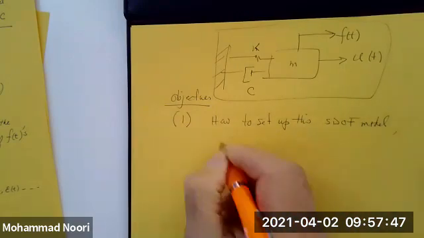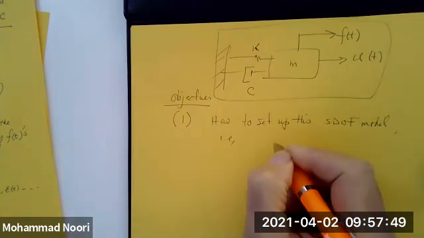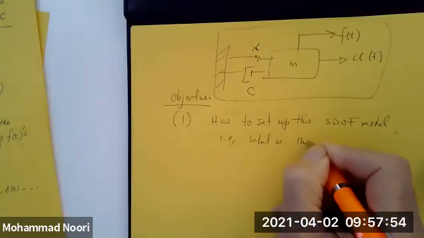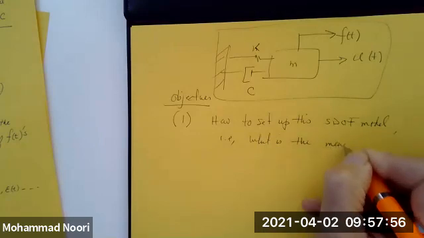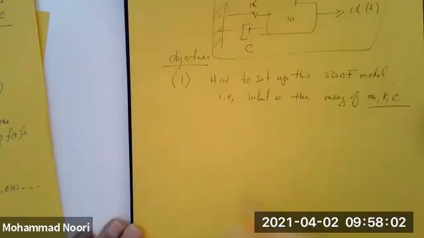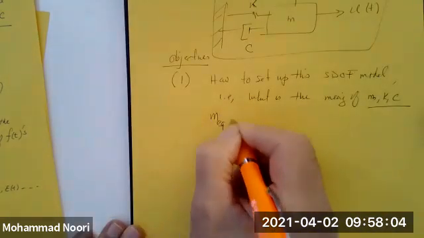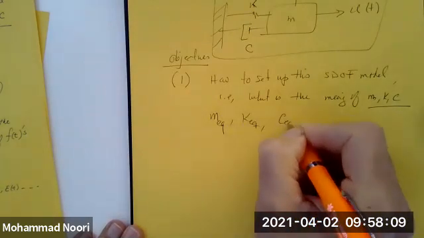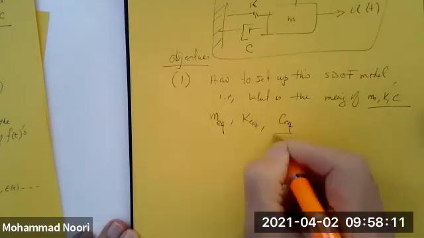That is, we need to find what is the meaning of M, K, and C, or better call them equivalent mass, equivalent stiffness, and equivalent damping in a system.